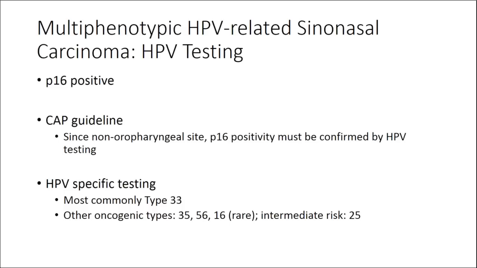So you need to do either a PCR, an in situ hybridization, some other method if you want to establish that this is an HPV-associated lesion. Now, in terms of these lesions in the sinonasal tract, most commonly these are type 33, which is different than the oropharyngeal cancers, which are usually HPV type 16. So more commonly, we are seeing type 33 in these types of lesions.